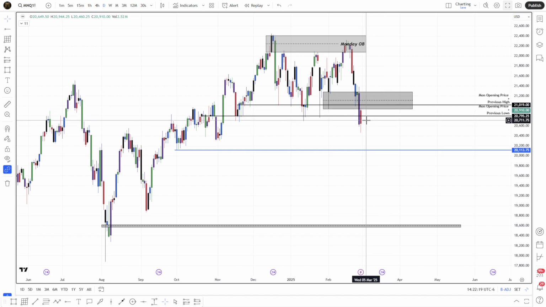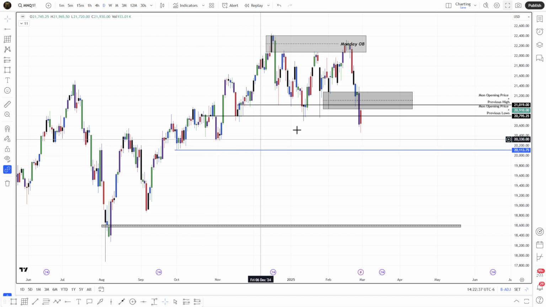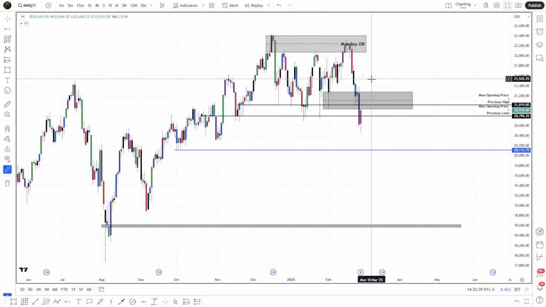If Monday comes up here and rejects but doesn't take out the low, then I'd like to see Tuesday continue and take out this low right here. I will leave the rest of the week open for interpretation as I see how price action plays out because these are two very different levels of Tuesday starting or going to.